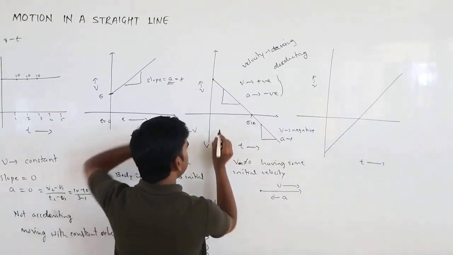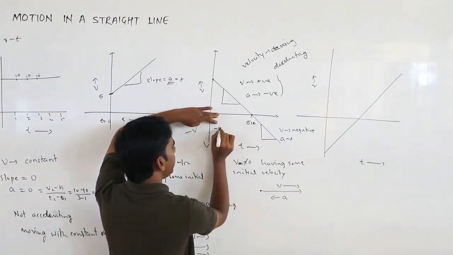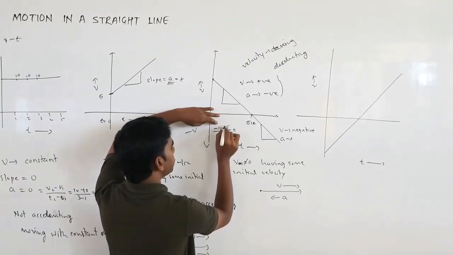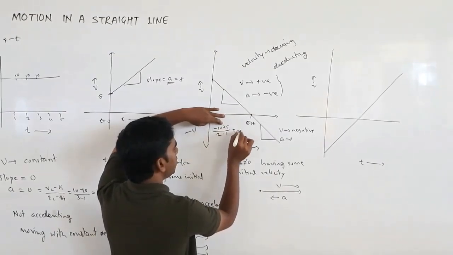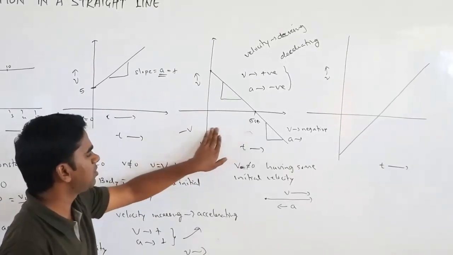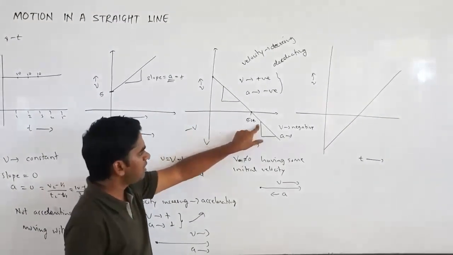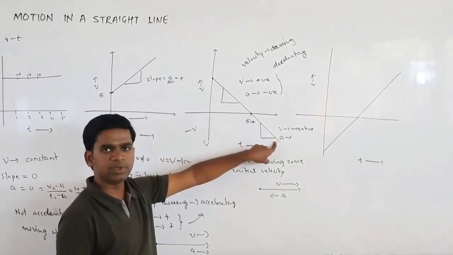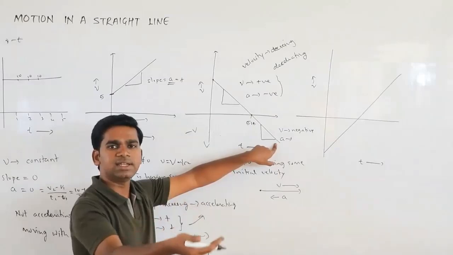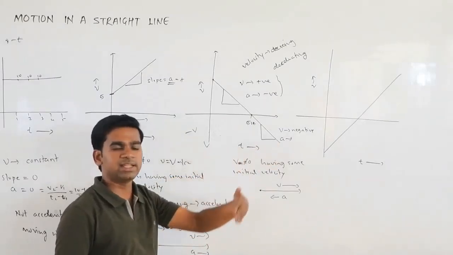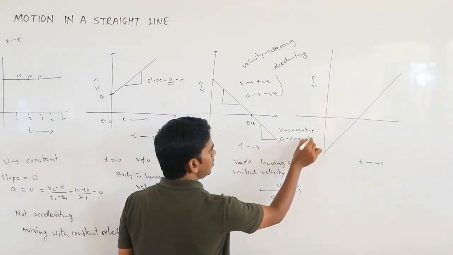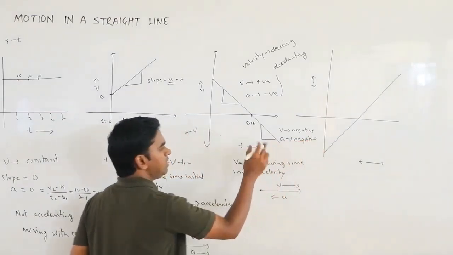So you will get, say, minus 5 minus of minus 10 divided by 2 minus 1, so minus plus will become plus. I am taking some values, so don't worry about that. So v1 is negative, v2 is negative, but v2 is greater than v1. So the resultant sign will come with the greater value. So a is also negative. You can refer to the last graph to understand why a is coming negative.